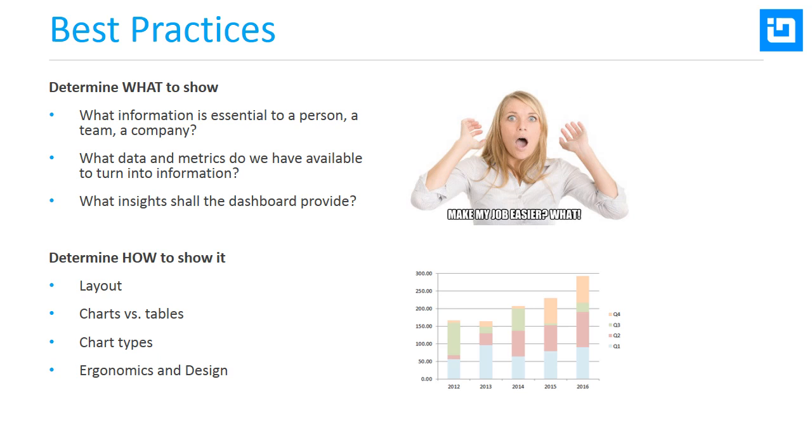So the first thing is determining what to show on the dashboard. What information is essential to the person or a team or a whole company, essentially the audience of that dashboard? What helps them? What makes their job easier?